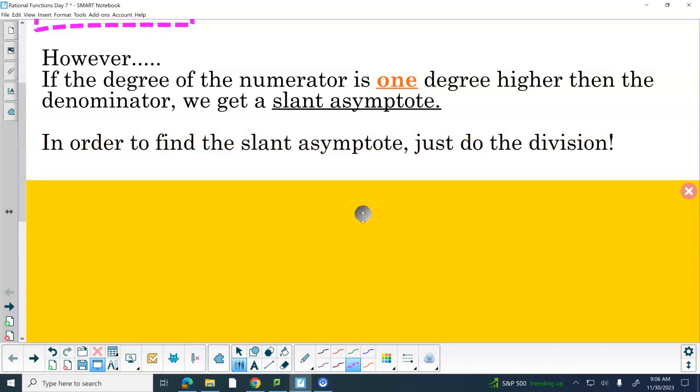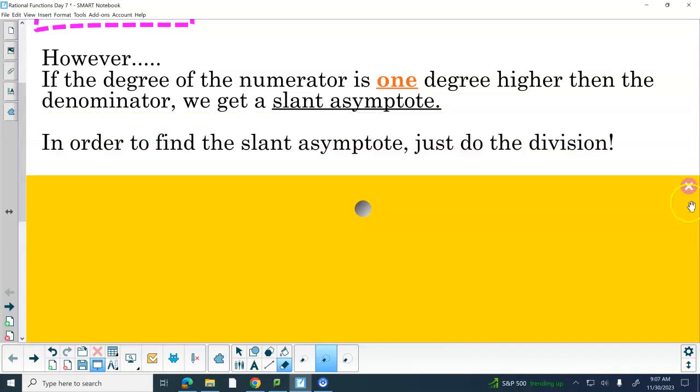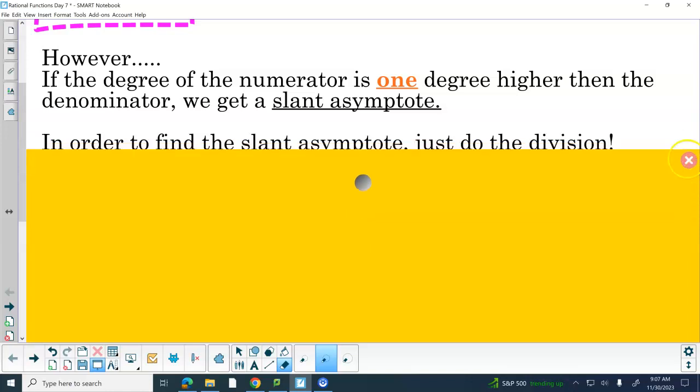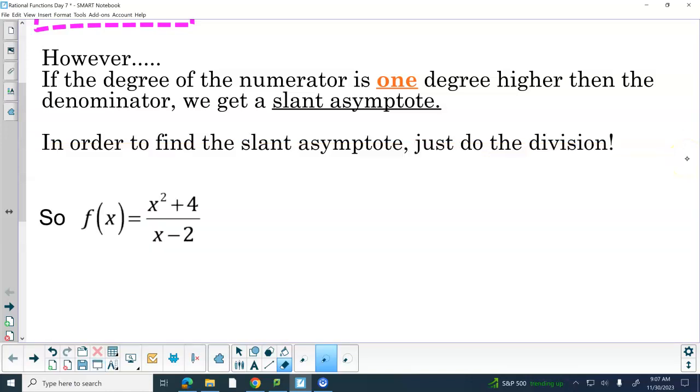In order to find it, we just simply do the division. So for instance, there's my function, x squared plus 4 divided by x minus 2.